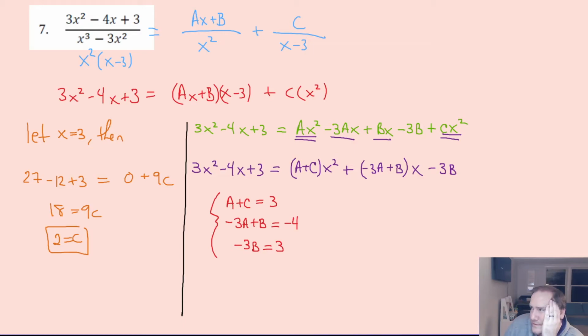All right, so we basically have everything we've ever wanted. This guy immediately gives us a b that equals negative 1. And then we could use the b value to find a here, or we could use our c value to find a there. I'm going to use it to find it here. So you get a plus 2 equals 3. So a is 1.